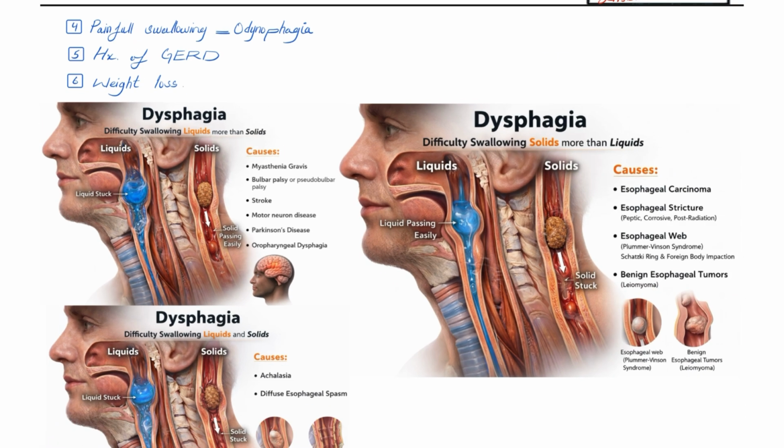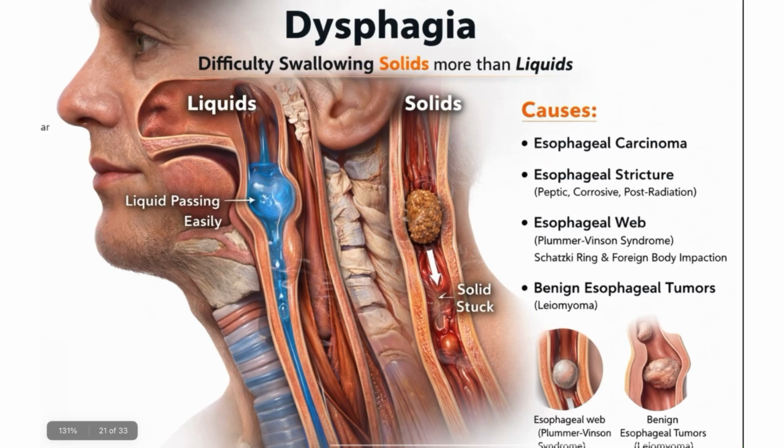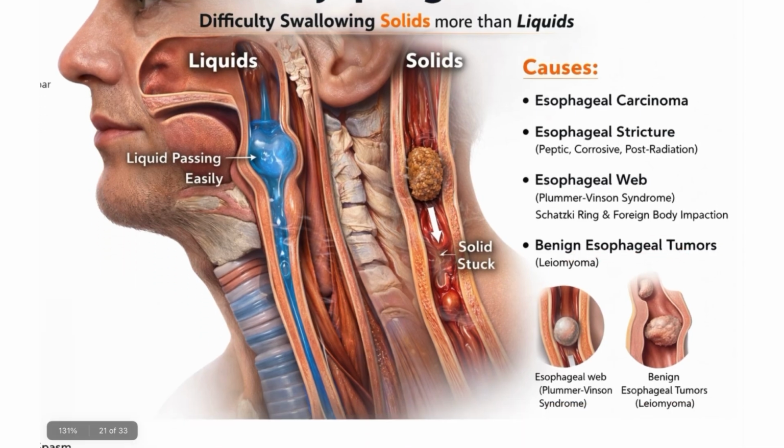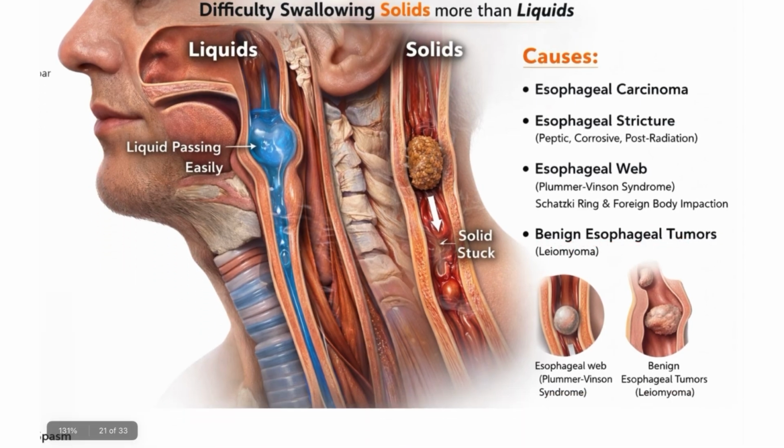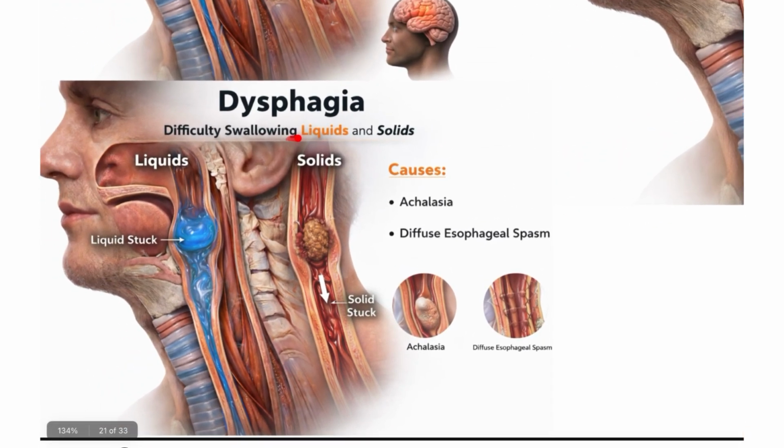For difficulty swallowing solids more than liquids, the causes can be esophageal carcinoma, esophageal stricture like peptic, corrosive, or post-radiation, esophageal web like Plummer-Vinson syndrome, Schatzki ring, or foreign body impaction, or benign esophageal tumors like leiomyoma. In achalasia and diffuse esophageal spasm, there will be difficulty in swallowing both liquid and solid.